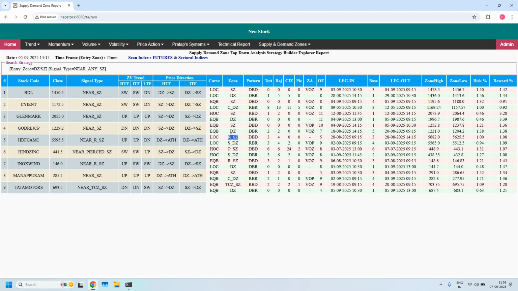HDFC AMC is having a 75 minutes high liquidity supply zone, and interestingly it is also having a 75 minutes high liquidity demand zone. That means either side you may get trade opportunities if a stock is having both high liquidity demand and supply zones. But you should not forget this is stocks near 75 minutes supply zone.